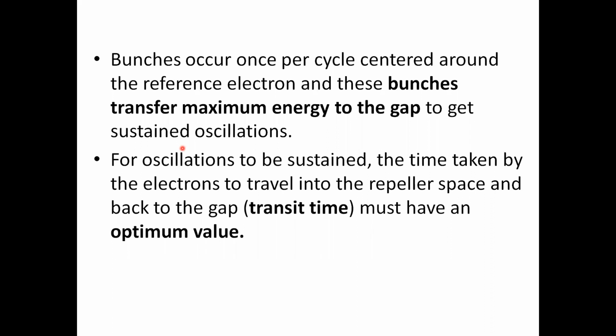For the oscillations to be sustained, the time taken by the electrons to travel into the repeller space and back to the gap is called the transit time. So for a given optimum value in reflex klystron operation, we have an optimum transit time.